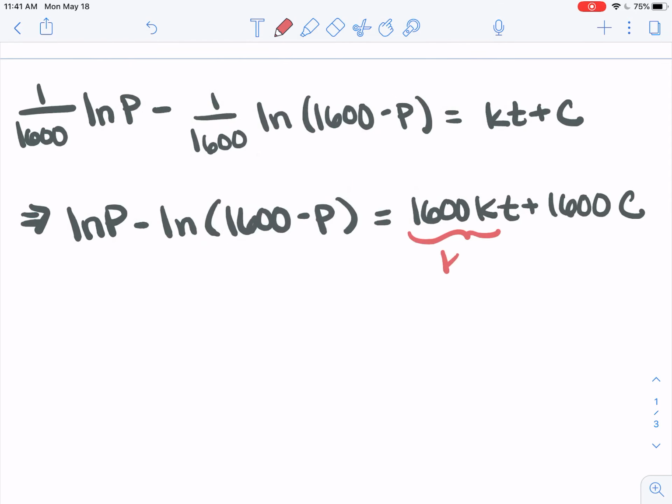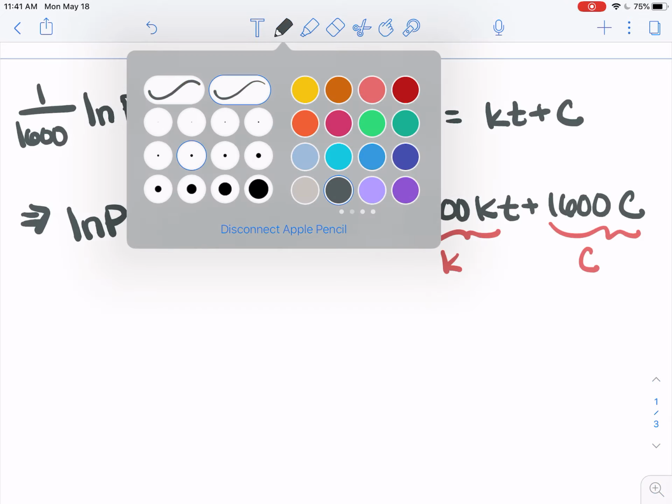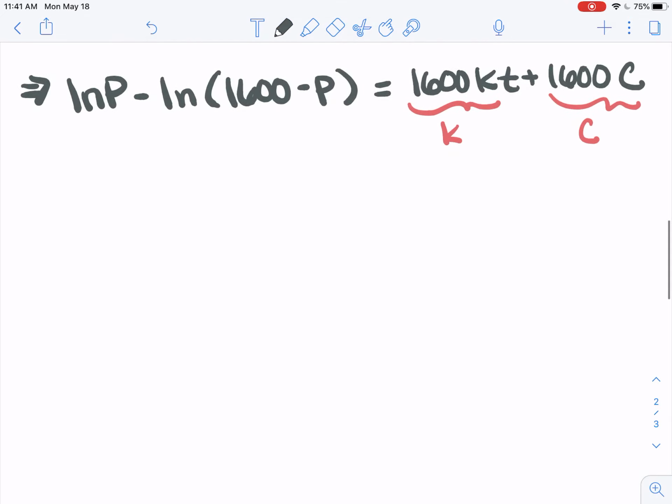We're going to call 1,600 times k our new value of k, and 1,600 times c our new value of c. Those are just constants, so I can change the meaning of the constant as I go, and we typically relabel them using the same letter. It just makes things a little bit simpler, a little bit cleaner.